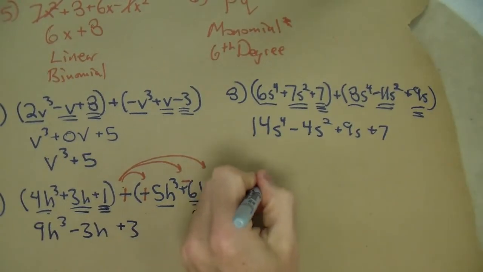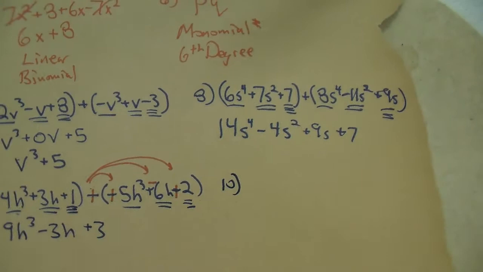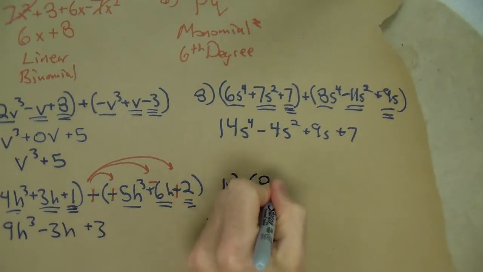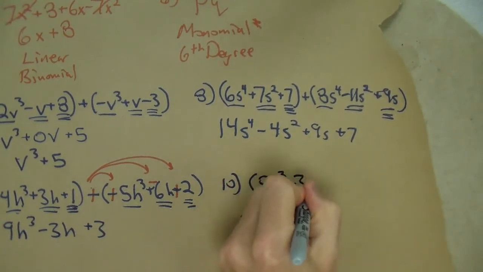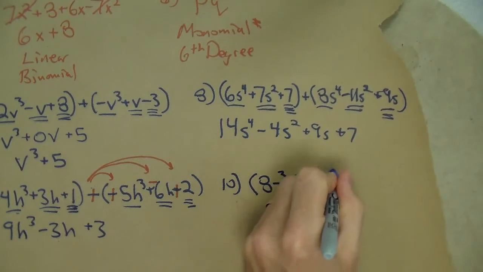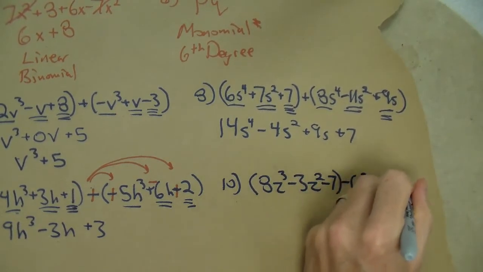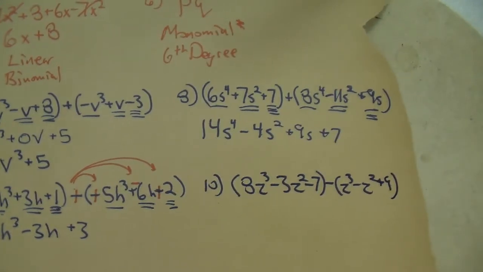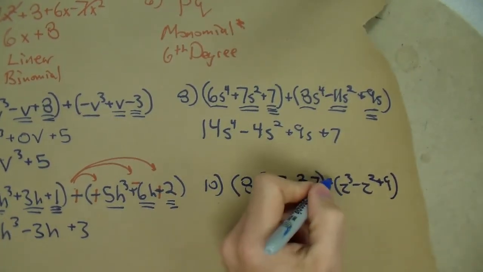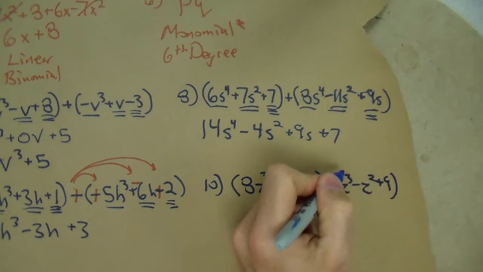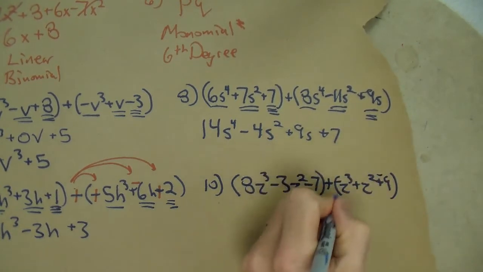For number 10, we have 8z to the third minus 3z squared minus 7 minus z to the third minus z squared plus 9. So I'm going to distribute out the negative. I go positive, negative, positive, negative. Maybe I should write this again.